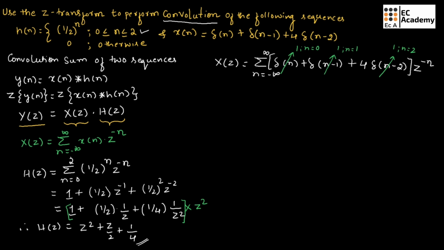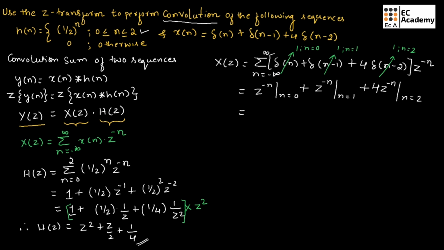So first term is 1. If we multiply it with z to the power of minus n, we'll get z to the power of minus n with n is equal to 0, plus second term will be 1 multiplied with z to the power of minus n, here n value should be equal to 1, plus for third term we can write 4 delta of n minus 2 is 1, if you multiply it with z to the power of minus n, we'll get z to the power of minus n, here n value should be equal to 2.